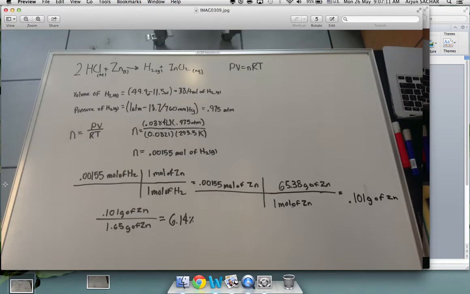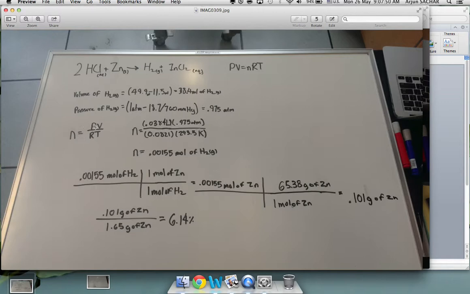Alright, and next we have here, it's the same equation, and we have our gas laws right here, PV equals nRT. Here we found the volume by subtracting the initial volume from the end volume, and we got 38.4 milliliters of H2 gas. Then we found the pressure of the H2 gas using our temperature to water vapor chart that you gave us on our homework assessment, and we figured out that the pressure was 0.975 atm.